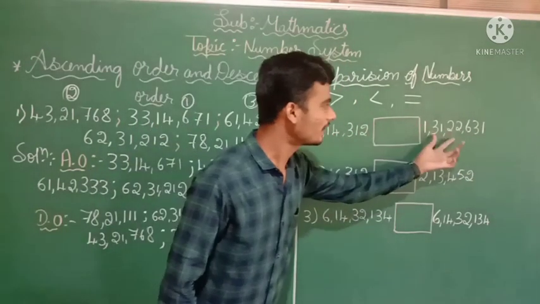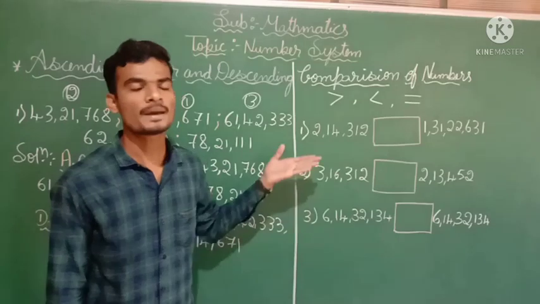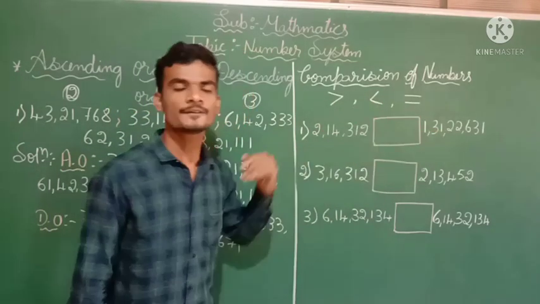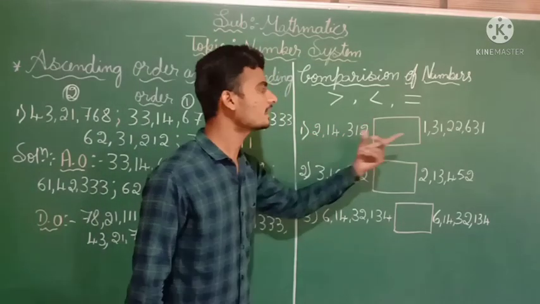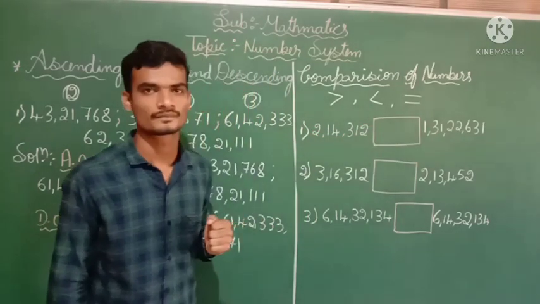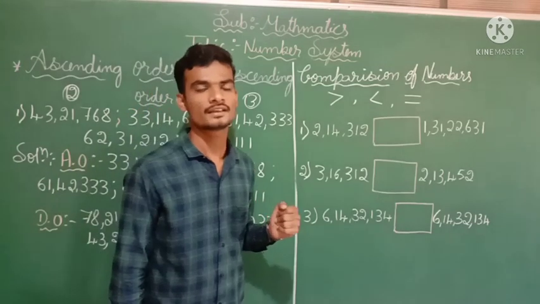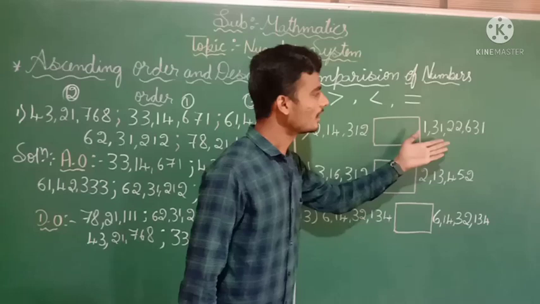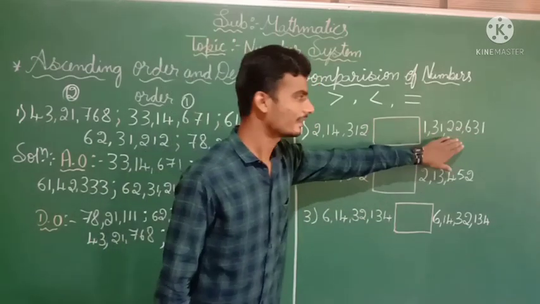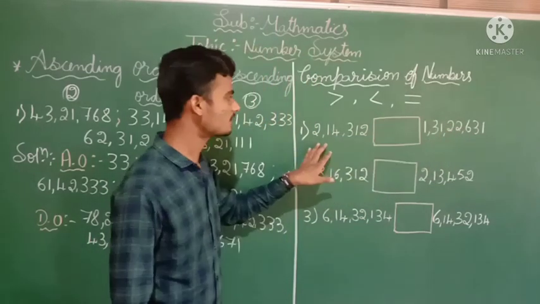These two numbers I have taken. Now you have to compare which is greater and which is smaller. In these two numbers, which is greater, which is smaller? Can you guess? Yes. I hope all of you are saying this is the greater number and this is the smaller number.